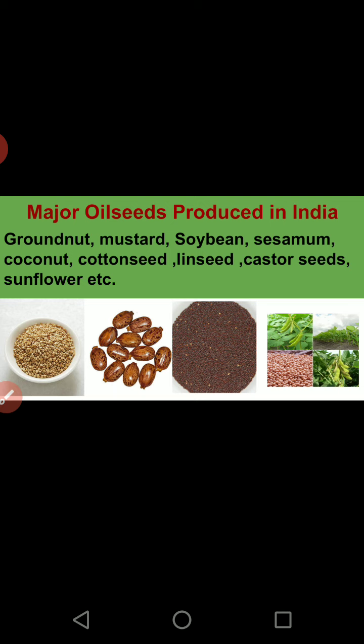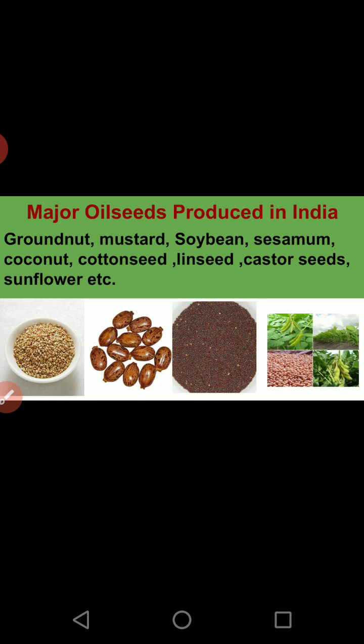Major oilseeds which are produced in our India: groundnut, as we all are aware, mustard, soya bean, which is usually grown in Maharashtra mainly, sesame, til, coconut, cotton seed. Cotton flowers have the seed, and even this seed oil is also used as an industrial raw material.